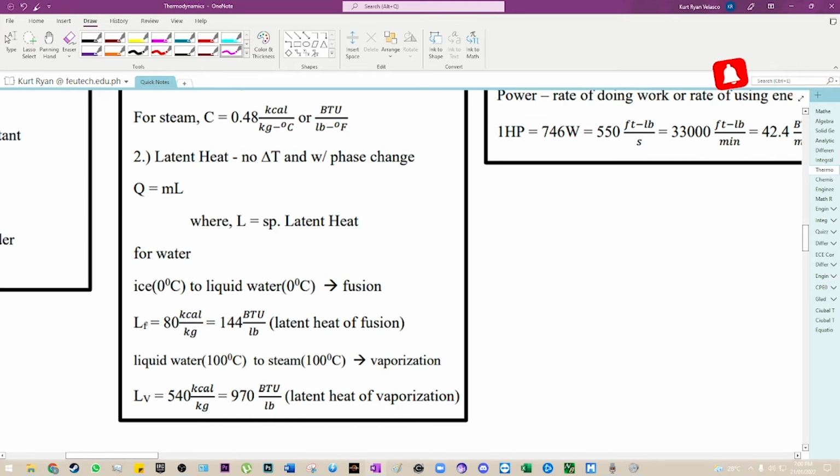That is 80 kilocalories per kilogram, or 144 BTU per pound. Next, how about liquid water to steam? That is called vaporization, that's why we have LV. That's 540 kilocalories per kilogram, or 970 BTU per pound. That is your latent heat of vaporization, that is why it's called LV.